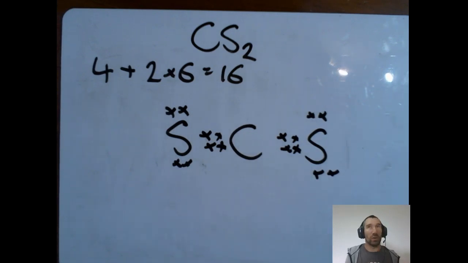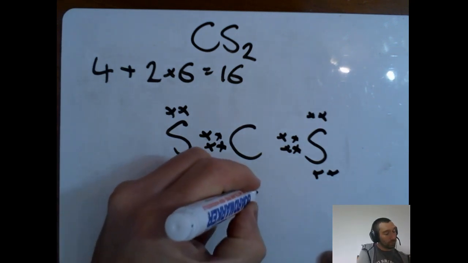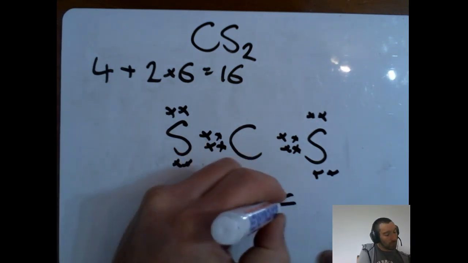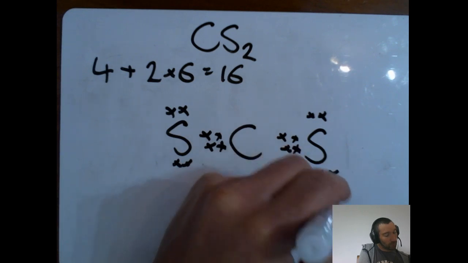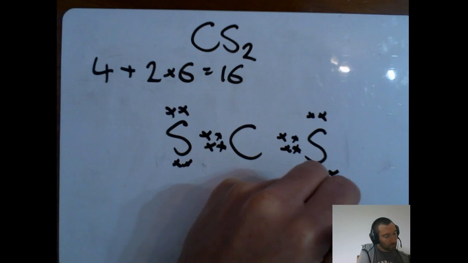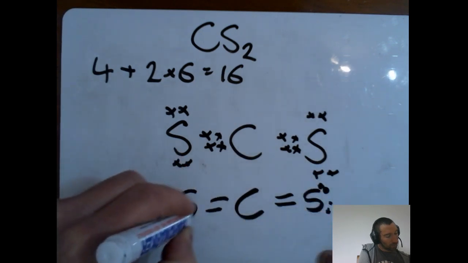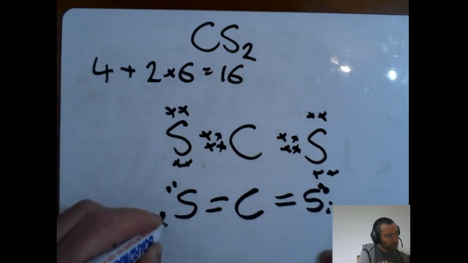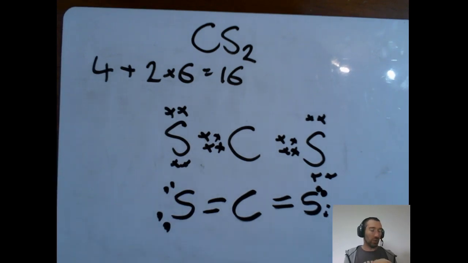So now it's got 8. Okay, could be redrawn. You know, any shared electron pair can become a stick. Okay, so you've got a lone pair there, and then there's another S there, and a couple of lone pairs on that one. It looks a bit tidier with the sticks, but it doesn't actually matter if you do that or not.